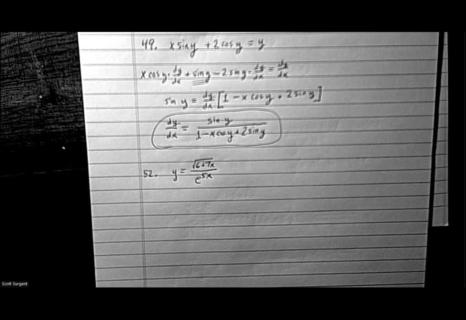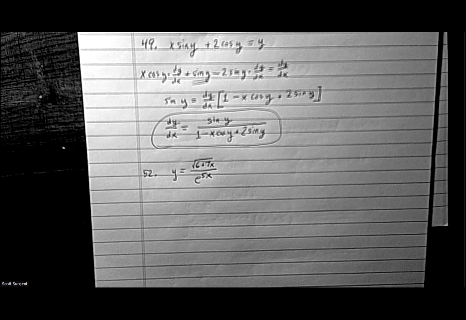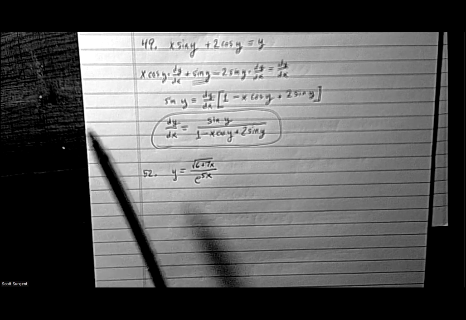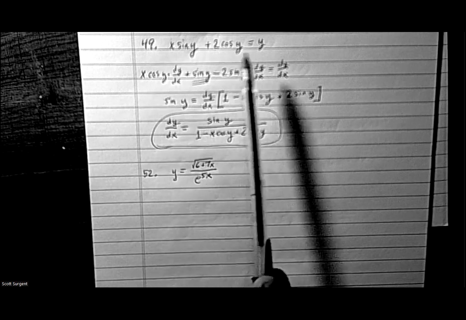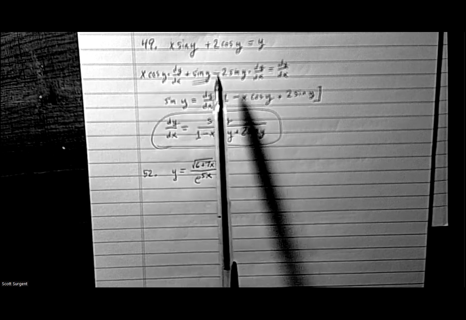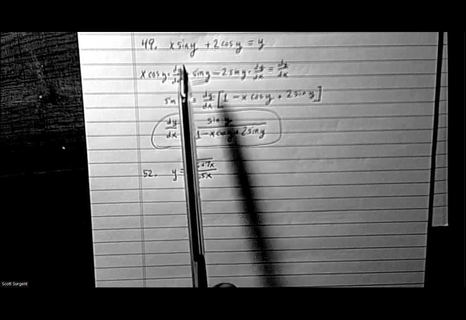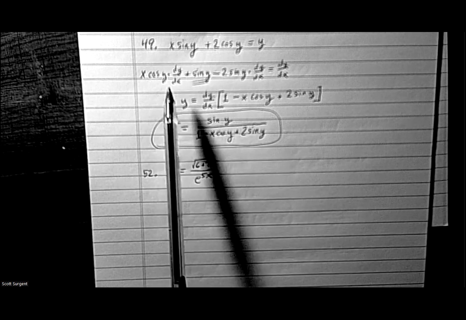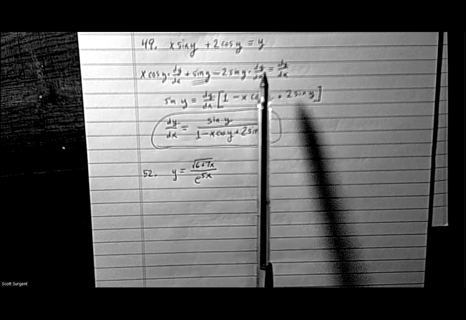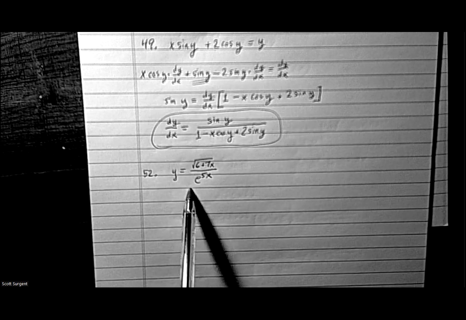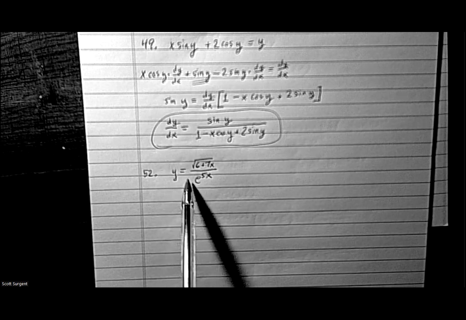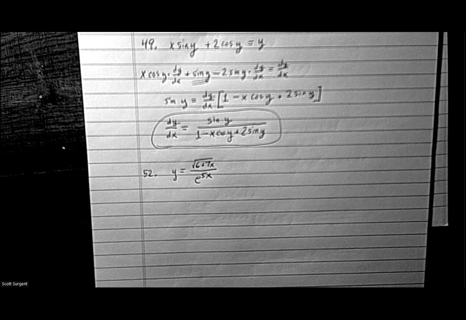So yeah, that's the general process for implicit differentiation. Again, just be careful and follow the usual rules. Every time you take the derivative of something with a y in it, you've got to follow it with dy dx for the chain rule. Let's look at this one right here. This is y equals radical 6 plus 7x over e to the 5x.